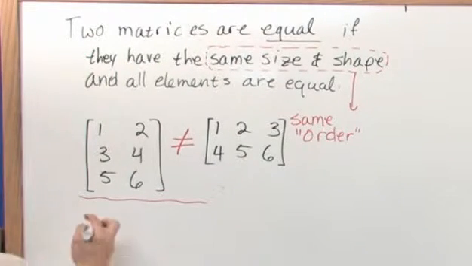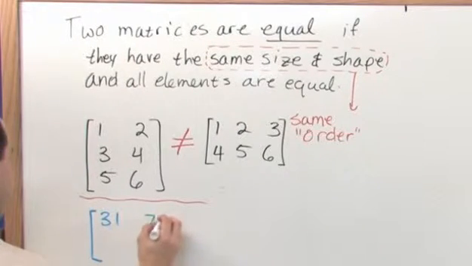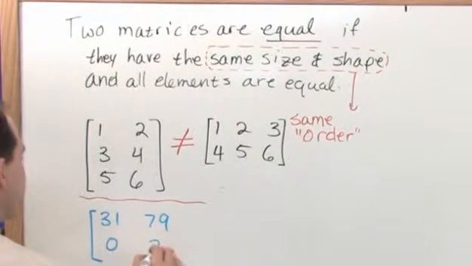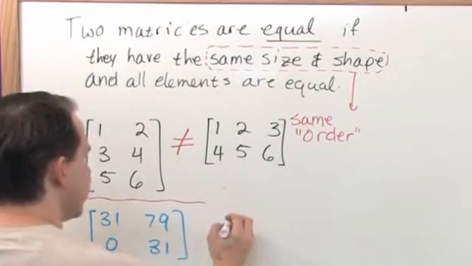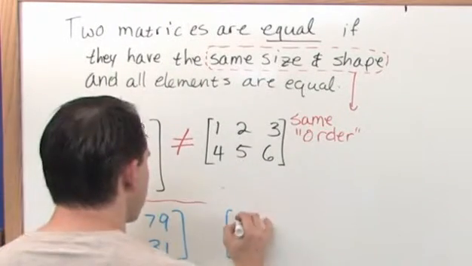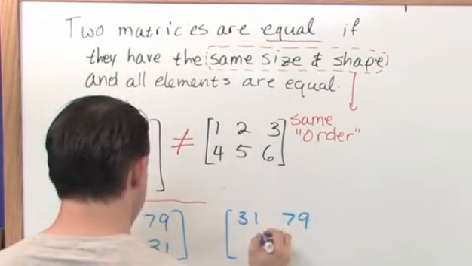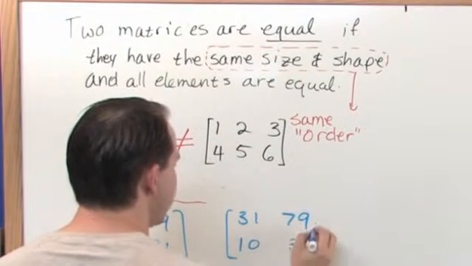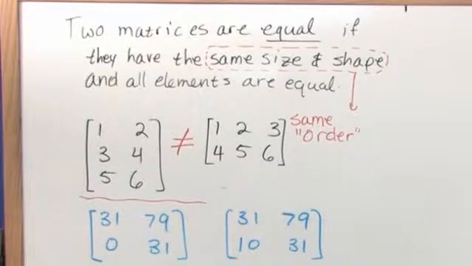Let's say you had a square matrix with 31 and 79 on top, and 0 and 31 on the bottom. And I'm going to write down another matrix and let's see if they're equal: 31, 79, 10, and 31. Based on this definition above, are these two matrices equal?